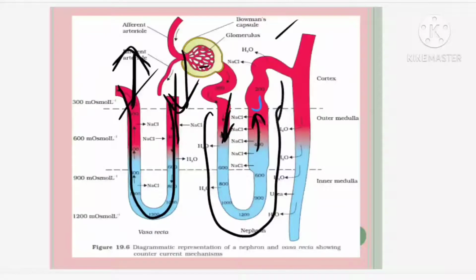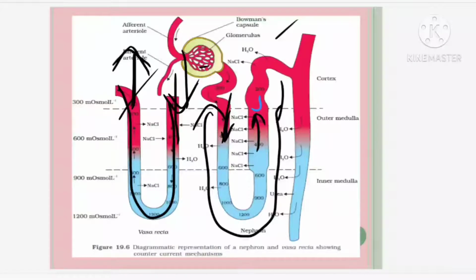It's opposite, isn't it? This is why we call it the counter current mechanism: the flow is in opposite directions. Where one is ascending, the one nearby is descending.